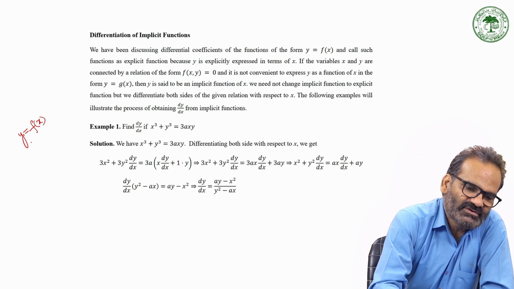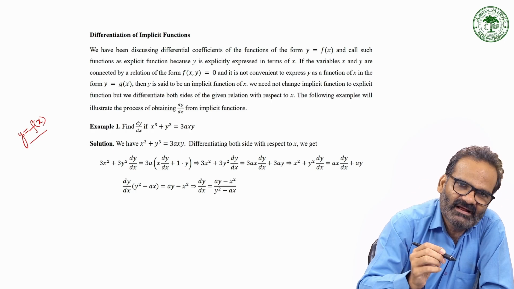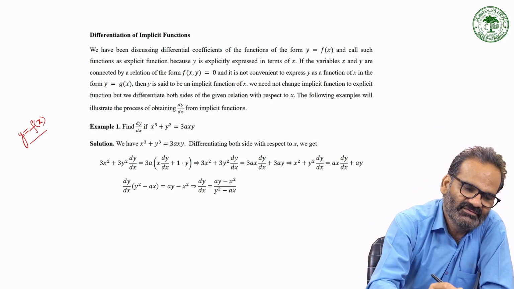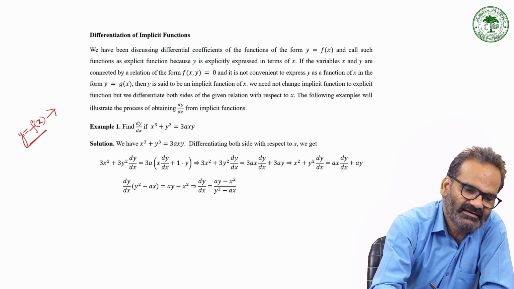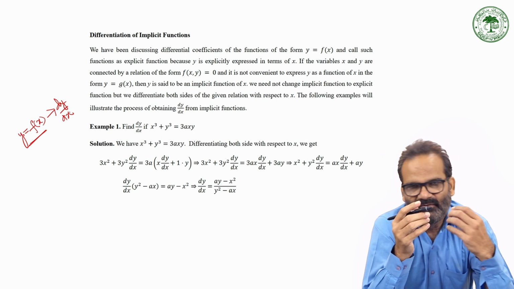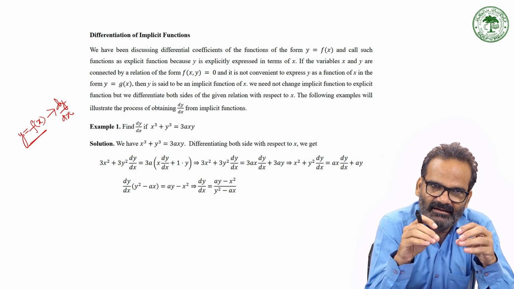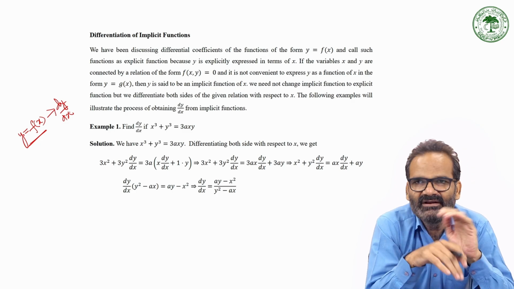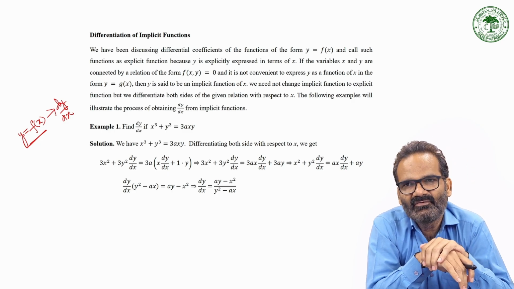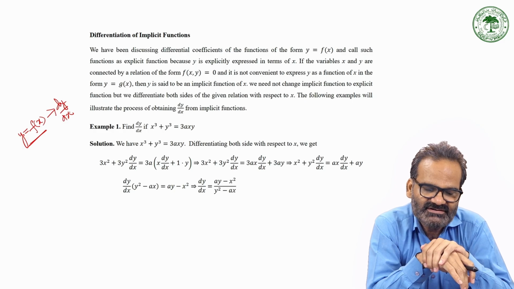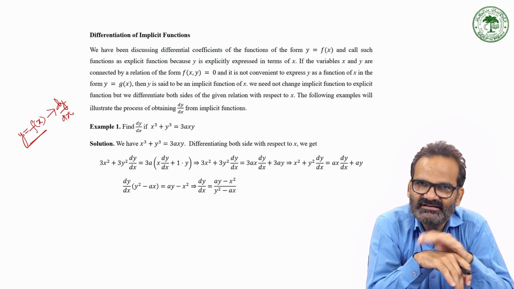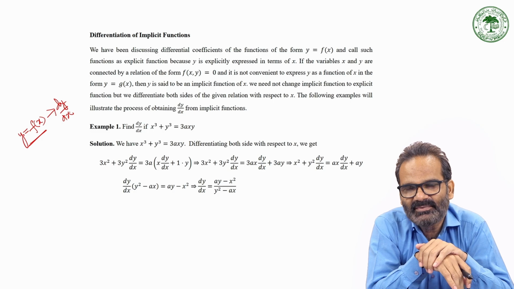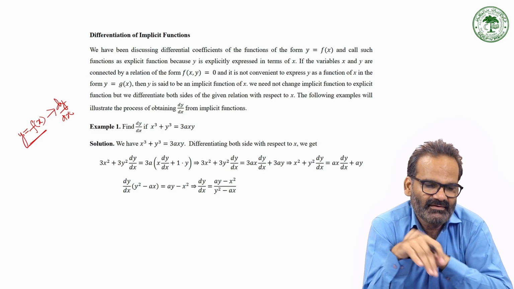So y is equal to f(x). In all those methods, the function was of this type, and then we got its derivative, that is dy over dx. Whatever change in the independent variable x is made, the corresponding change in the dependent variable y can also be noticed. So the rate of change of y with respect to the independent variable x is called the derivative.